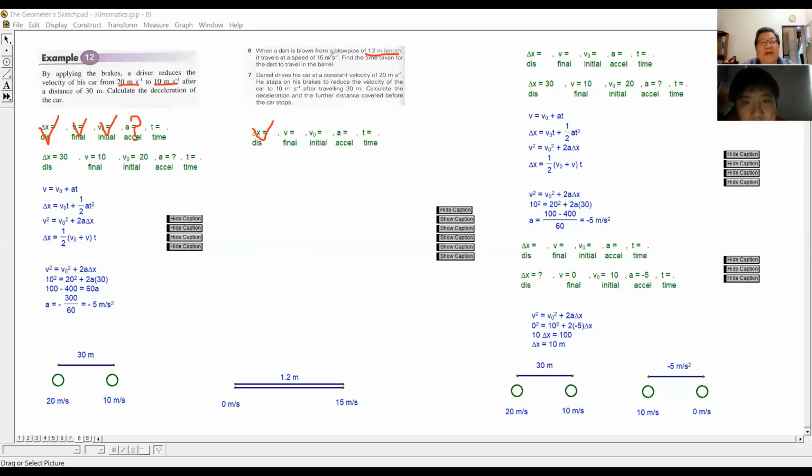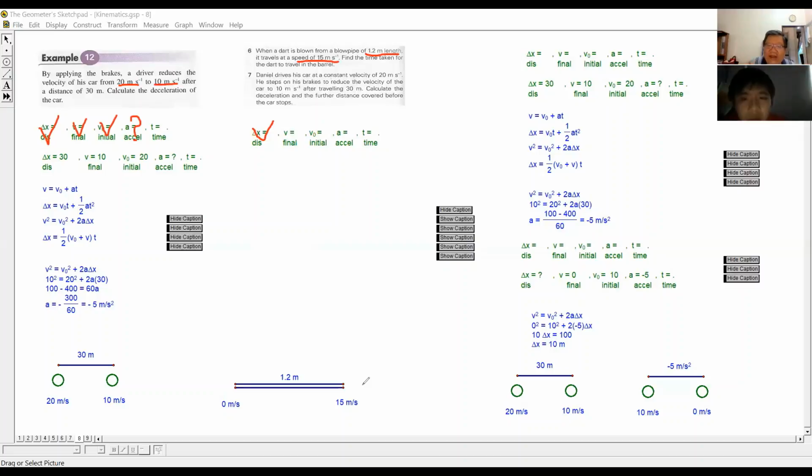So is this the initial or final velocity? Actually, this is the final velocity. It is the initial velocity only as it leaves the blowpipe.